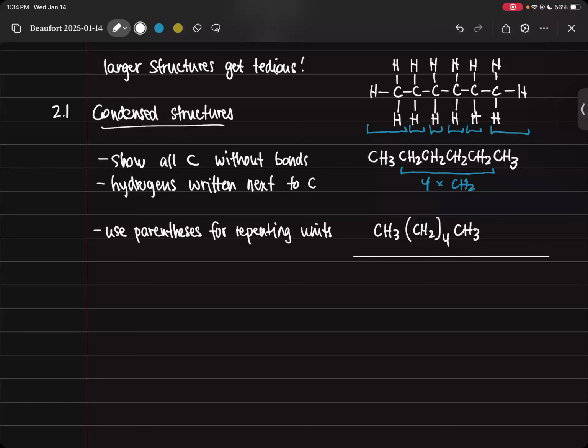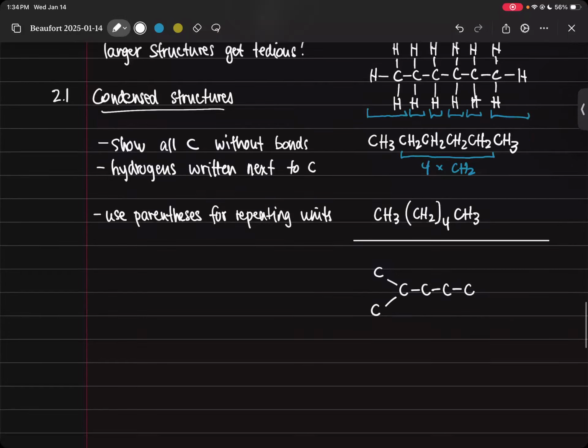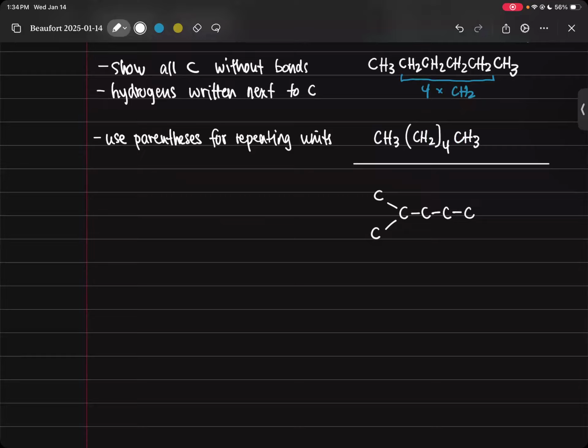Going to switch molecules here because we need a different structure to show the next portion. Instead, I'm going to make, still using 6 carbons, a branch. So we've got 2 carbons now coming off of that carbon there.